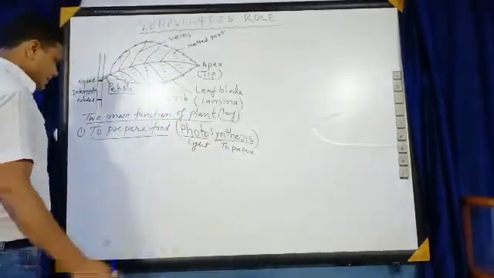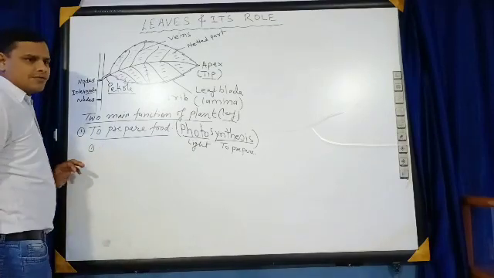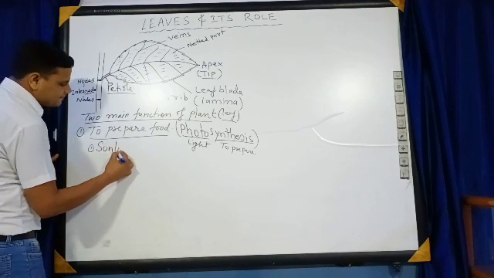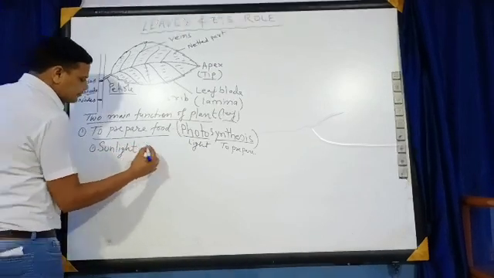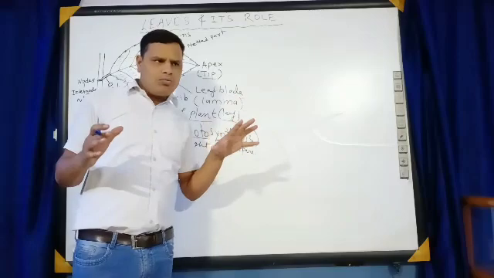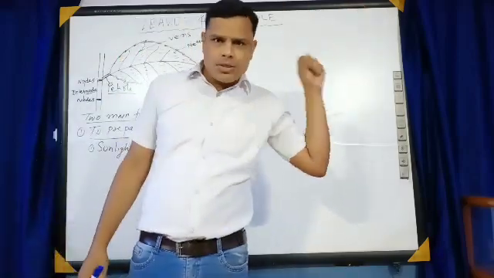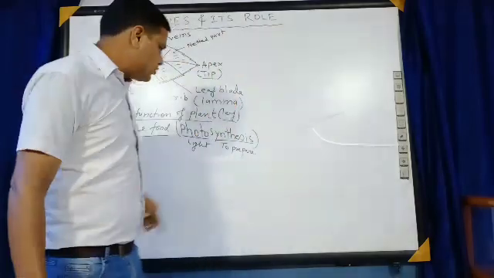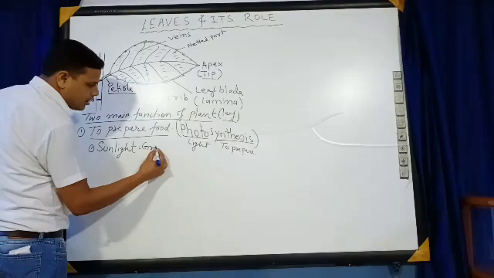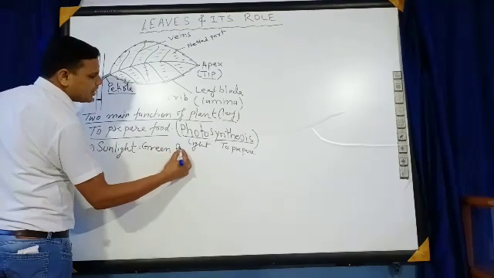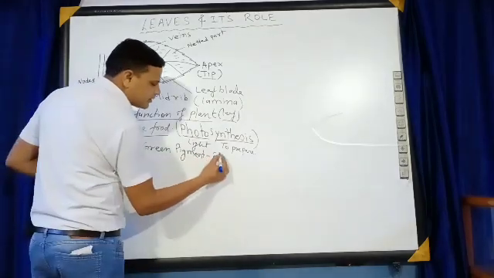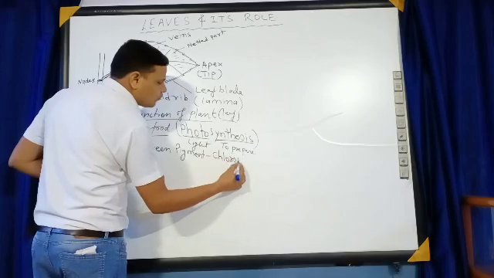Now the question arises: we need four components for photosynthesis. First component, we can write sunlight. Sunlight is everywhere, but how do plants absorb it? Plants absorb sunlight with the help of a green pigment known as chlorophyll.